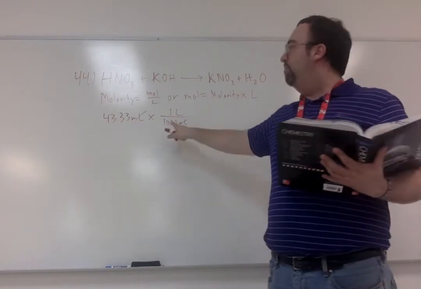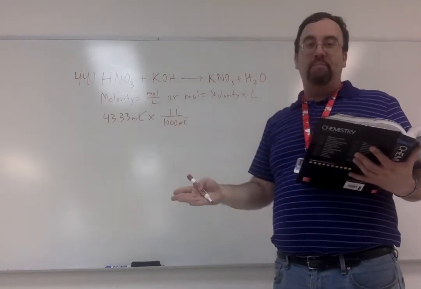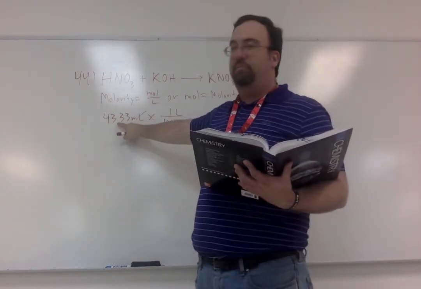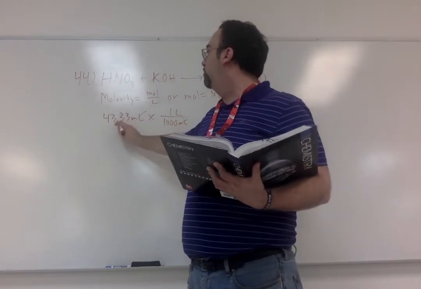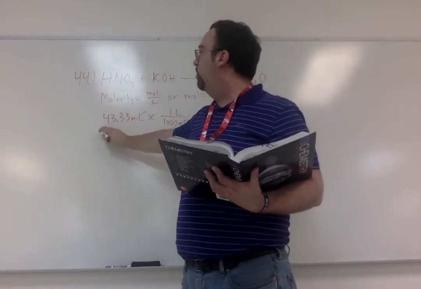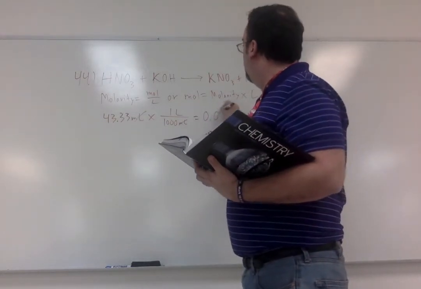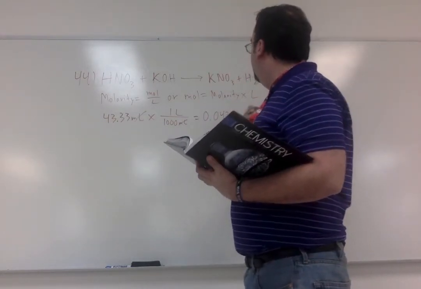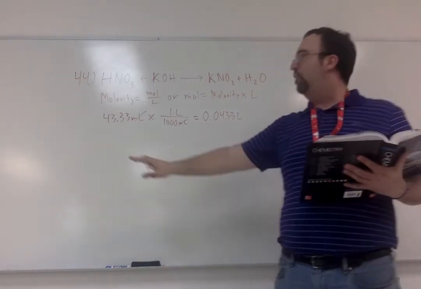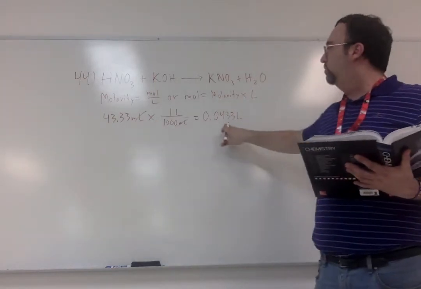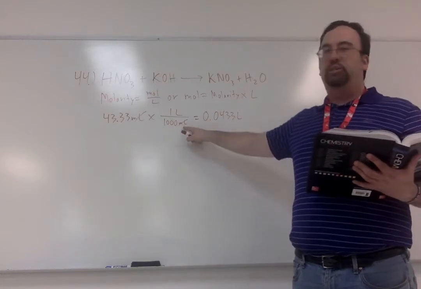If I'm dividing by 1,000, I move the decimal place to the left 3 places: 1, 2, 3. So we're going to have 0.0433 liters. We've converted our milliliters to liters, remembering that there's 1,000 milliliters per liter.